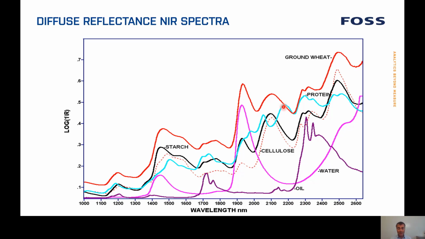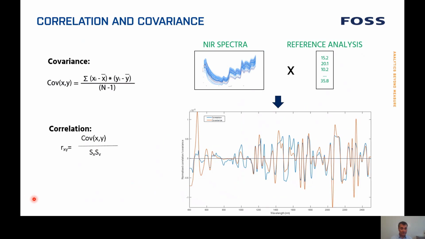It's not only protein, so there is a lot of interference that we have to handle. And one way to handle this is using multivariate regression, utilizing all the measurements in such a spectrum, not only one, but all, for instance, 2100 measurements in such a spectrum. And this is exactly what we utilize in partial least squares regression.